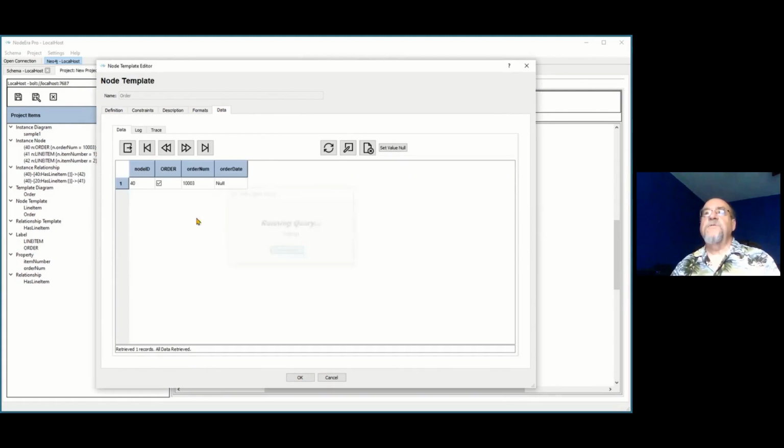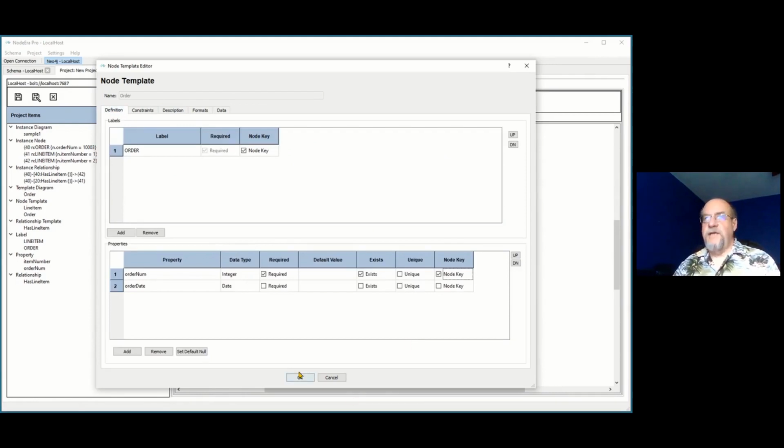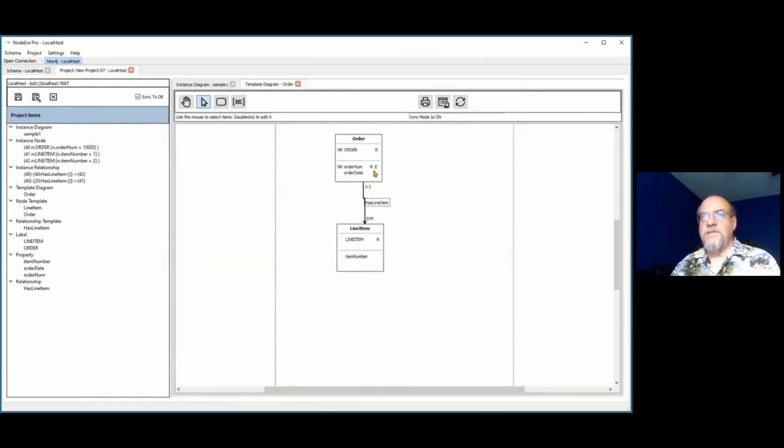And then finally, since we defined it, there's a data grid. So you can actually edit the data. We added that order date property. Let's go ahead and add an order date to that one node. We can create new nodes. We can delete them. So this is a simple data entry capability based on the node template.